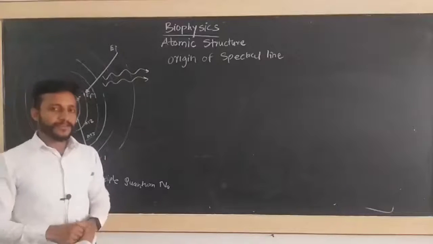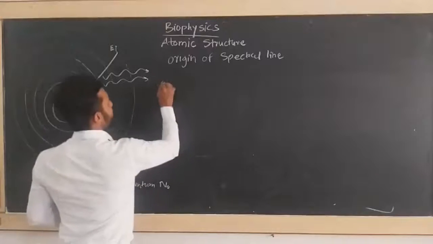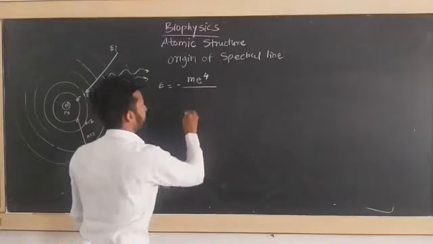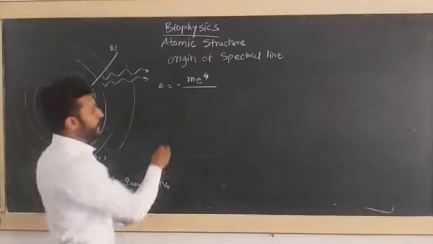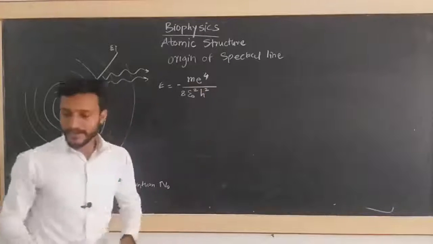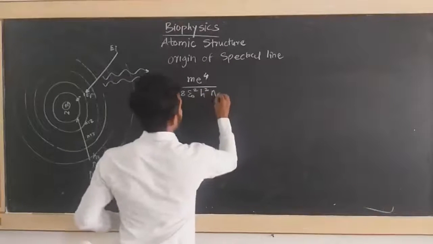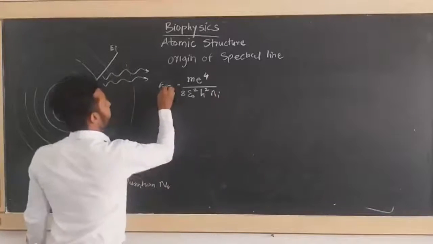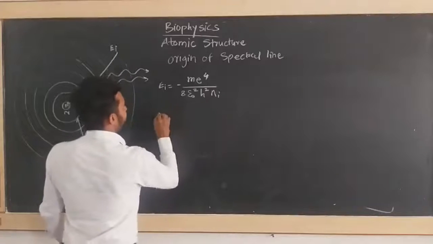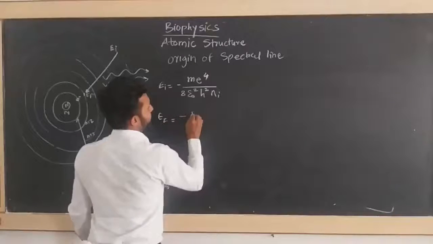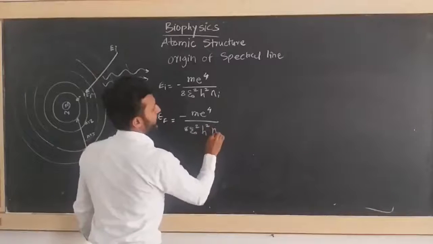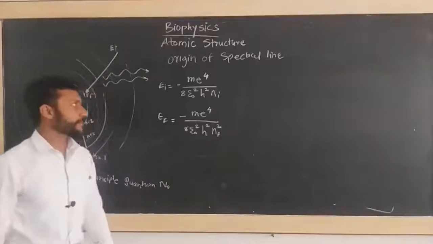And as we derived the equation of energy, E is equal to minus m e raised to 4 upon 8 epsilon naught square h square n initial square. This is the initial energy, and E final is equal to minus m e raised to 4 upon 8 epsilon naught square h square n final square.